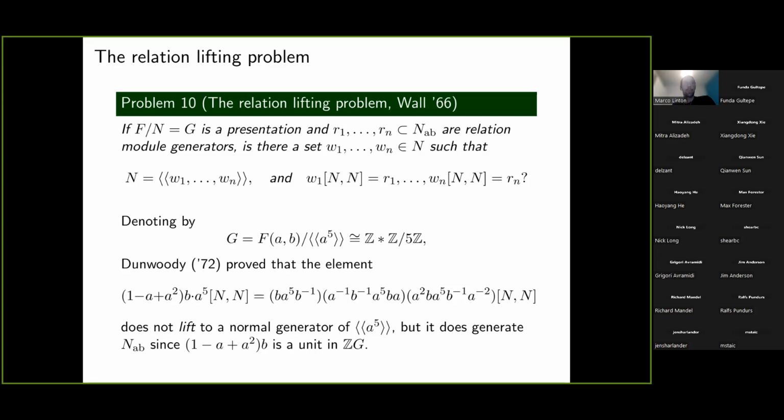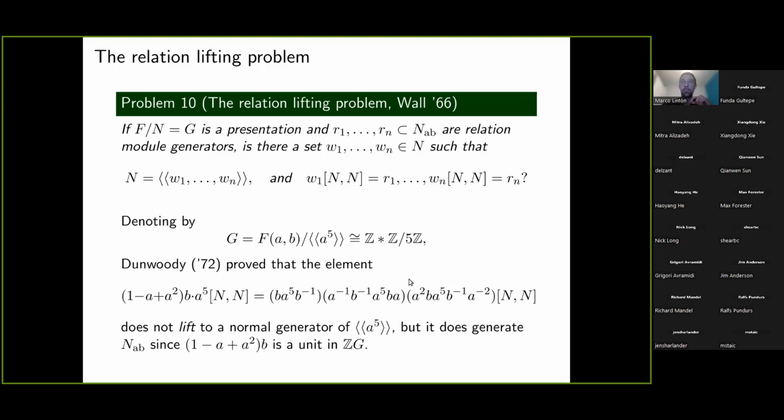So why does this not lift? There is this result of Magnus, from I think the 30s, but I might be wrong, which tells you exactly when an element normally generates a normal subgroup which is already normally generated by a single element: the normal generators must be conjugate to each other or to their inverses.